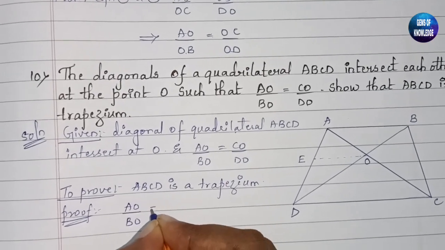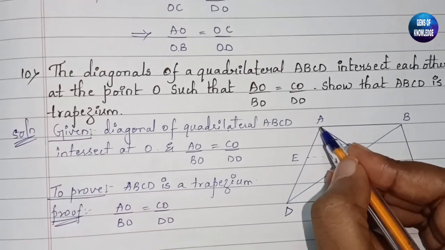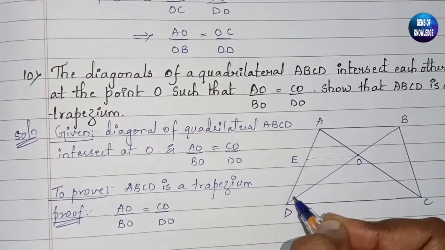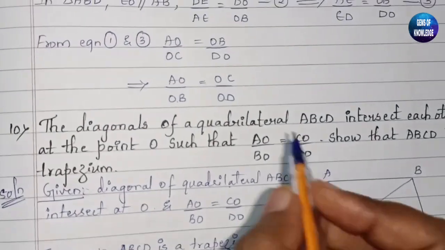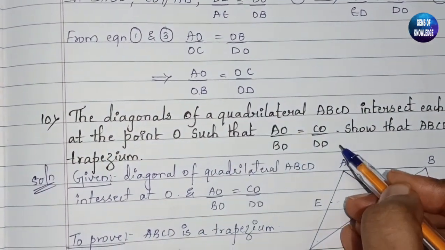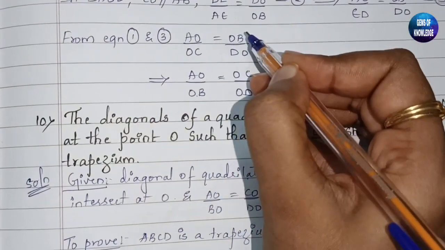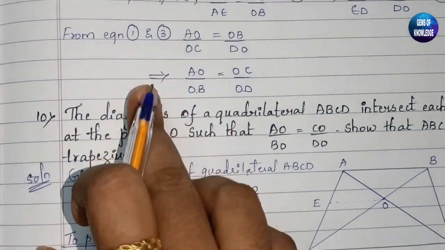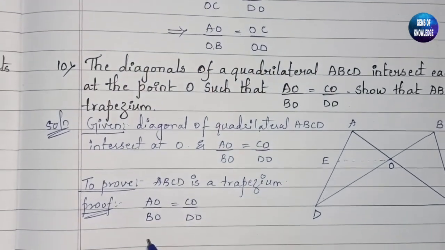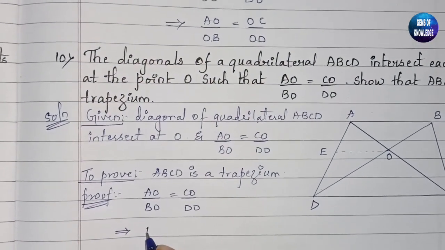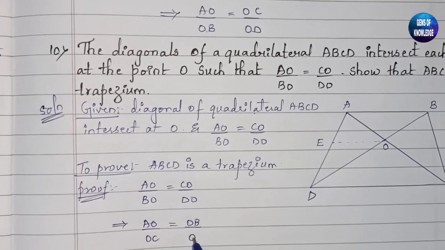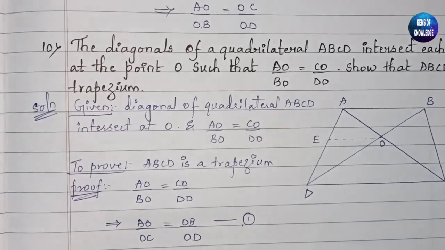In the reverse manner, we have AO by OC is equal to OB by OD. We'll consider this as equation 1.